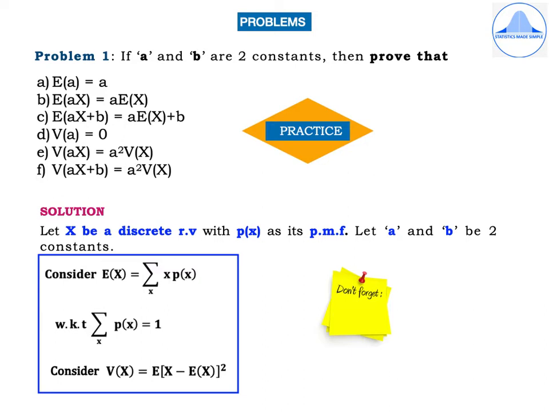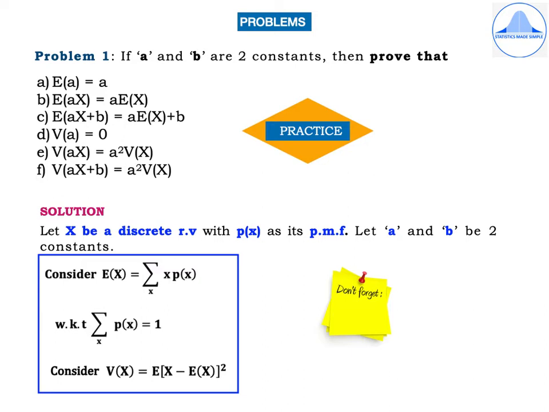If A and B are two constants, then prove that first subdivision E of A is equal to A. That means expectation of a constant is a constant itself. Second subdivision E of AX is equal to A E of X. Third result is E of AX plus B is equal to A E of X plus B. Fourth result, variance of a constant is 0.